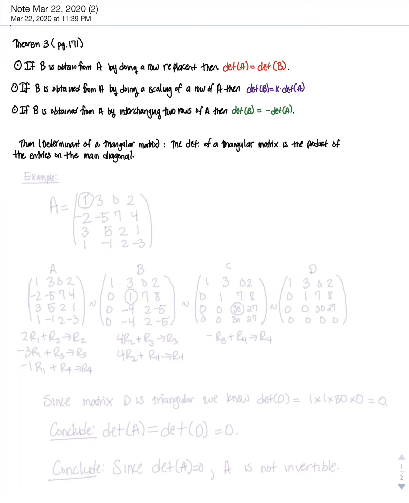So ultimately the goal is to use our row operations to start with the matrix, get it into a triangular matrix, and then find the determinant. So let's look at an example.